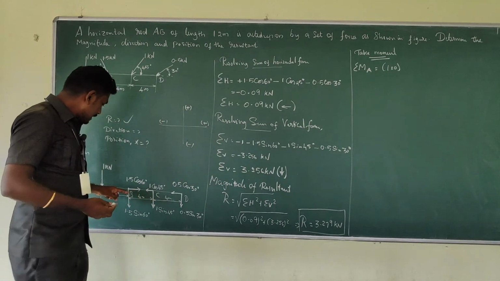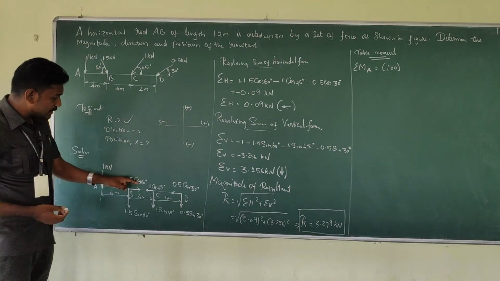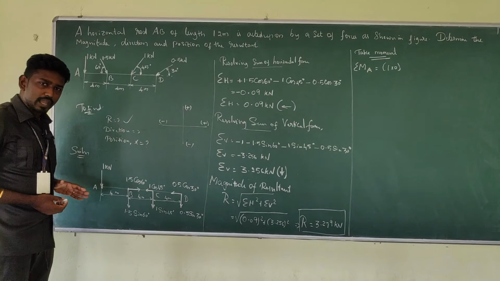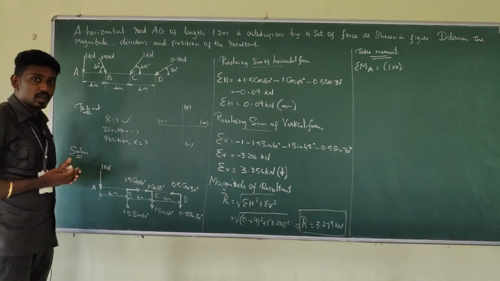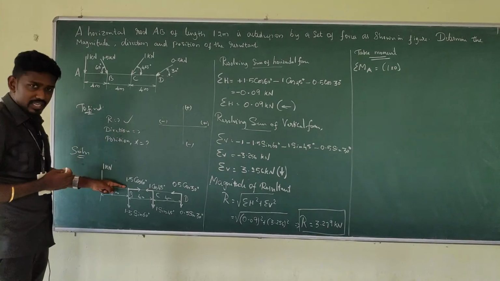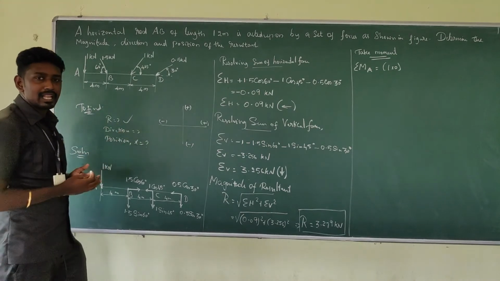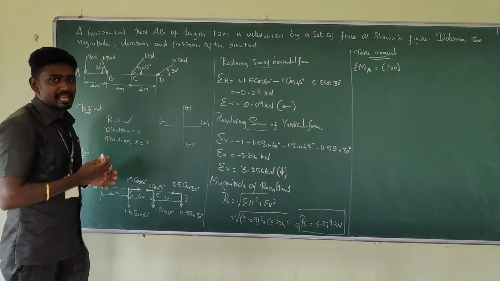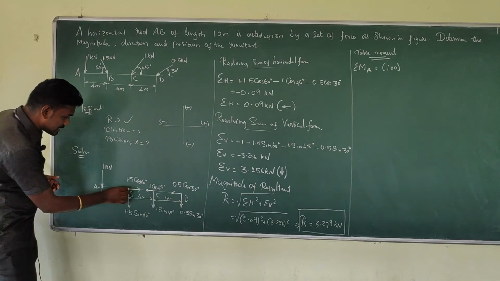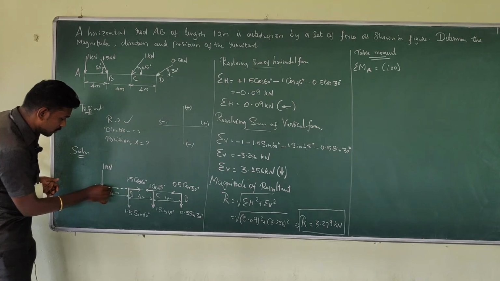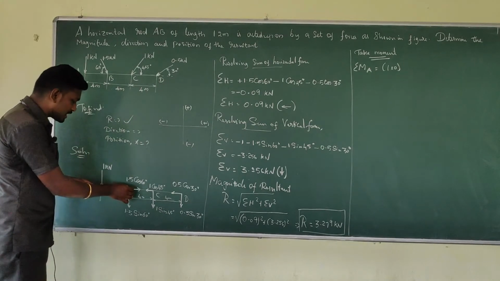So here the next force, look at this, 1.5 cos 60 degree. As per the principle of transmissibility, a force acting on any point along its line of action will give the same effect. So here the line of action of the force is at A. It is from the B point, but the line of action is coinciding.